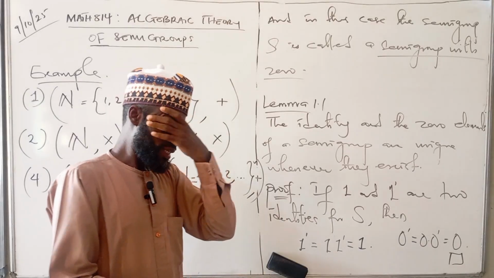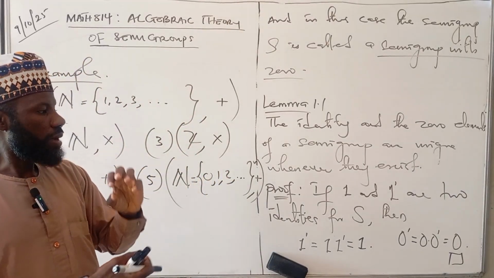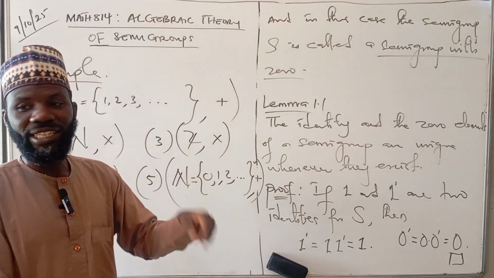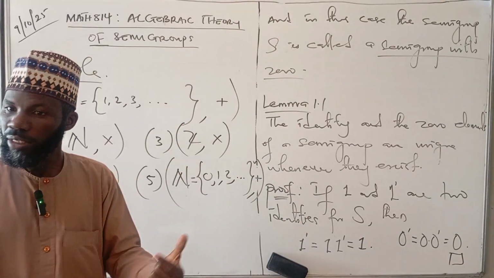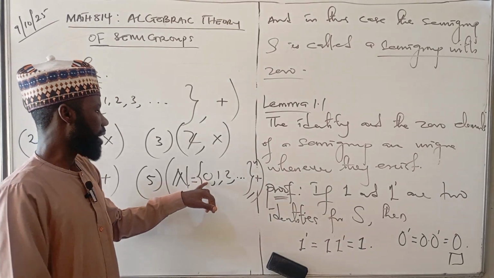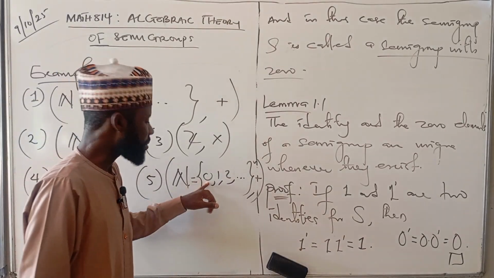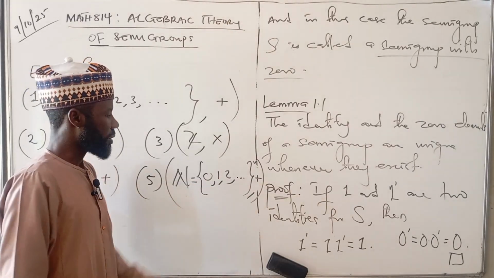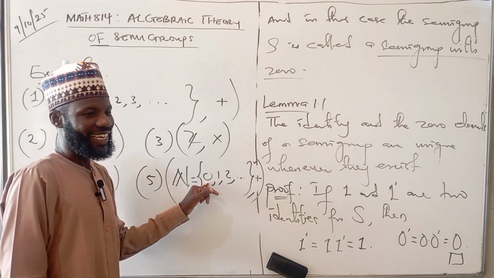So it's the element that possesses the property we labeled as 0. It's just a label for the element. We write it as 0. But now here the identity of this semigroup is 0, because our operation is addition. This semigroup has identity, and the identity is 0.